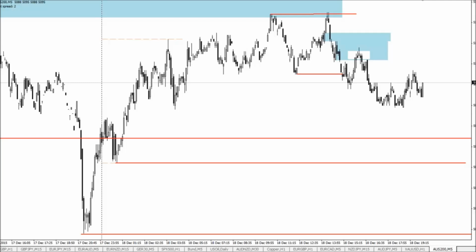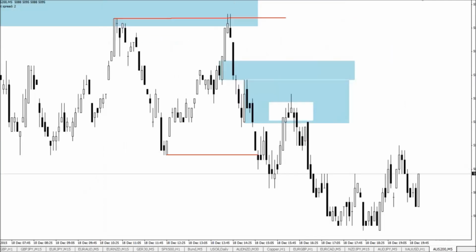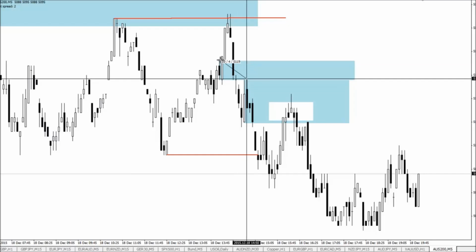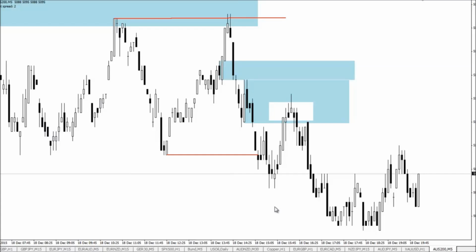Basically, what I've been doing is, as soon as it comes back down, it shows that it's taken this stop out. We're still right on our bias, and I just get in on a touch of it. As soon as it touches, I'm in, and my stop loss would go there.